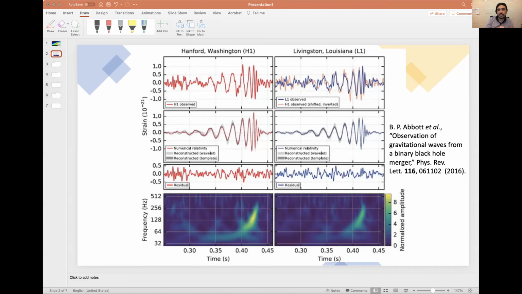I told you that this is the most sensitive system ever made to look at how something changes in length. And what happens is that as the gravitational wave is passing by, it contracts the space a little bit or expands it in the other direction because the gravitational wave is doing this to space.